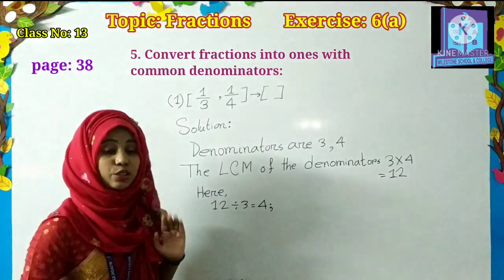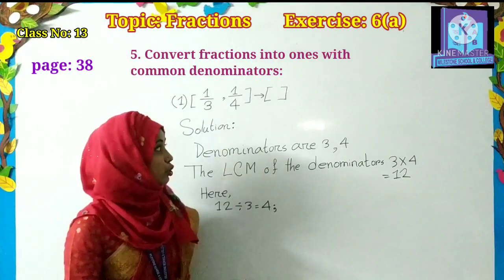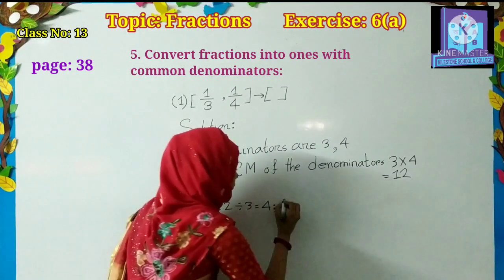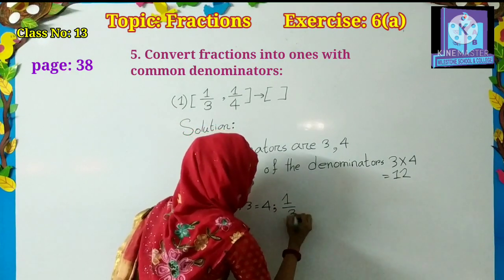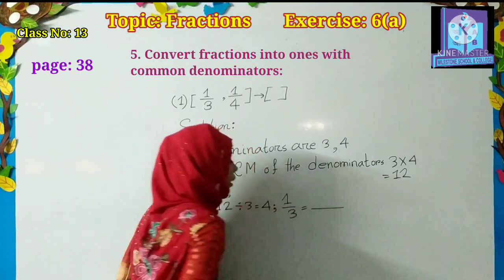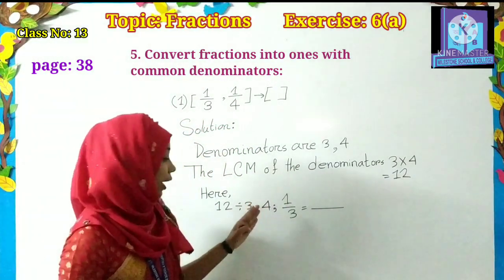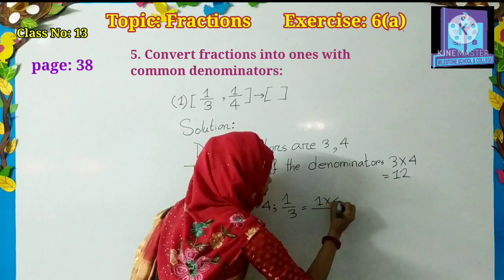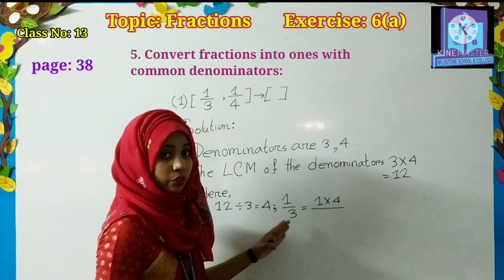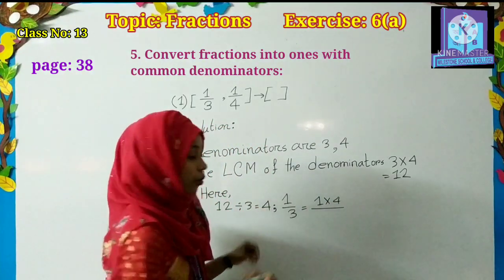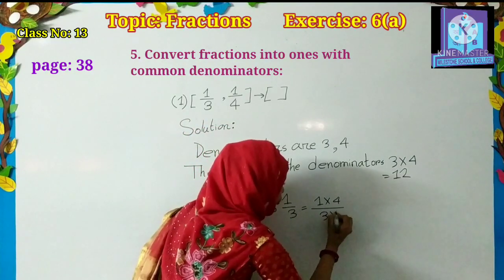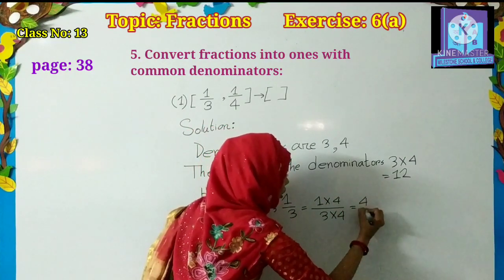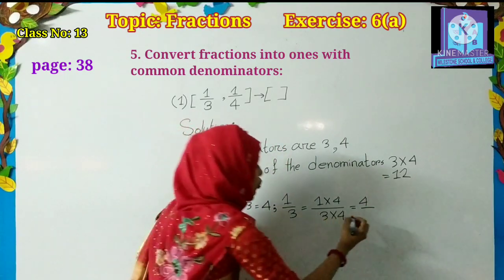It means first fraction. So our first fraction is 1 by 3. Numerator multiply 4. It means 1 into 4. And denominator 3 multiply 4. 3 into 4. 4 1 is 4. 3 fours are 12.